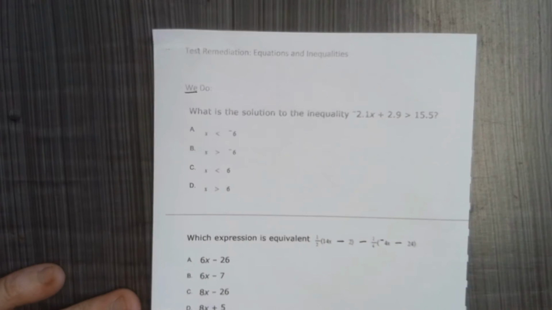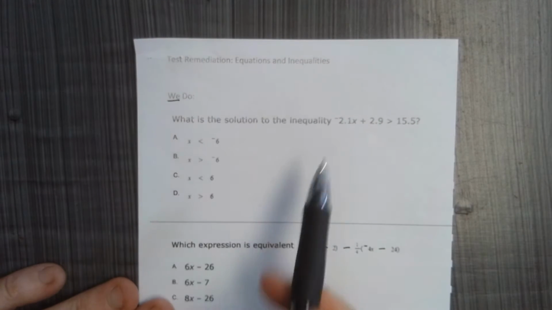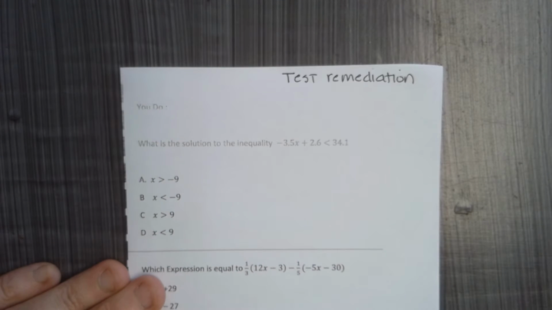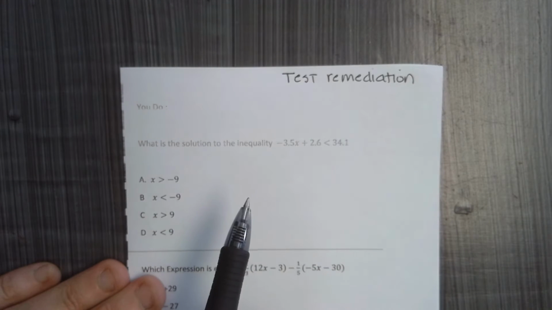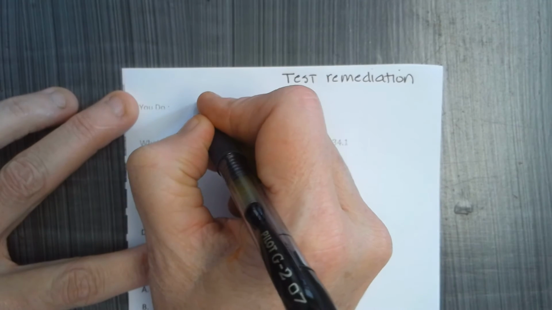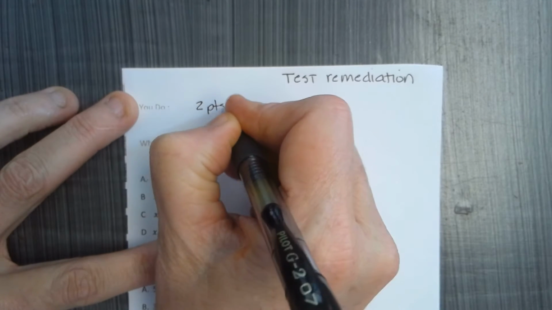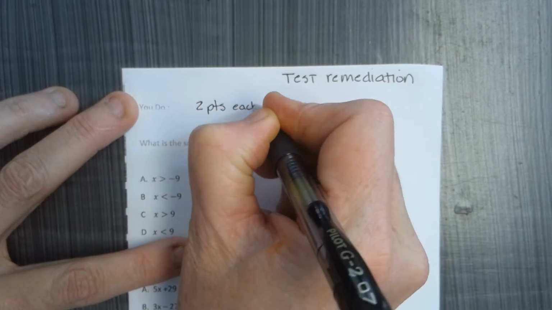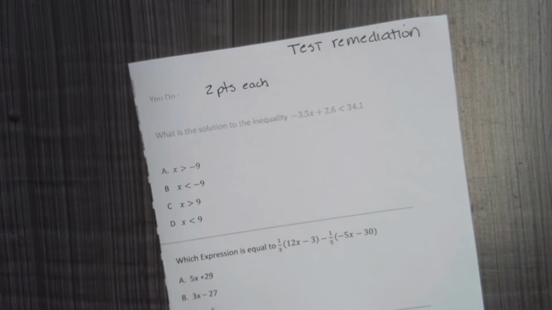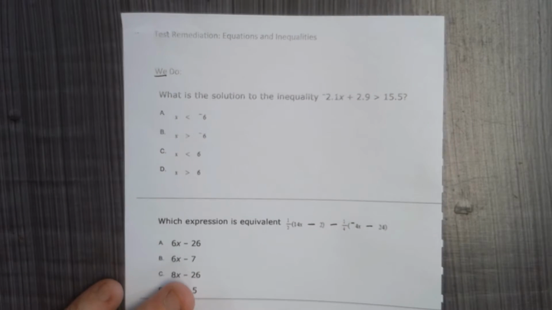In order to get full credit, you must work this out just like I work it out, and then you must show your work to get the solution on the ones you're going to do. You can get 2 points each on these as long as you're doing my example with me and you do this correctly. All right, here we go.